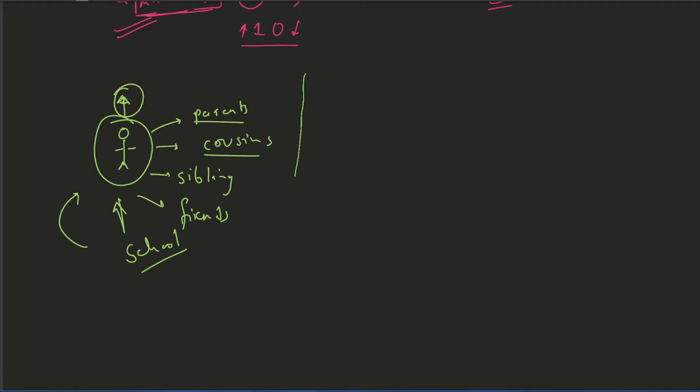But there are some other, independent dependencies which you might not see as dependencies. Could be your bus driver, could be the government. Because of the government you can have a sustainable life, you can have stability in your surroundings, in your society. So government is important.